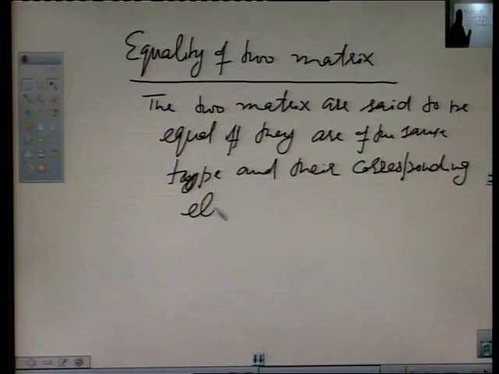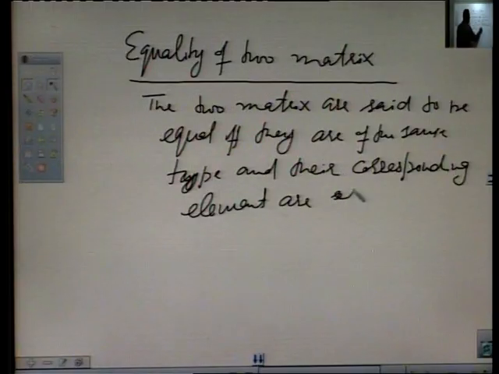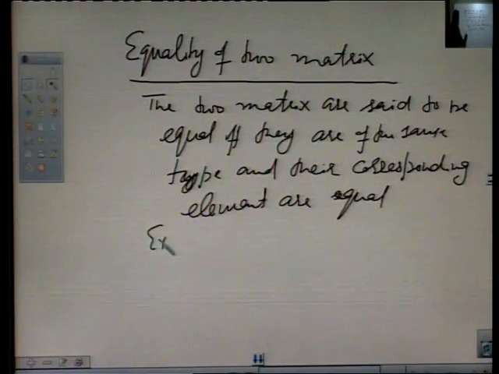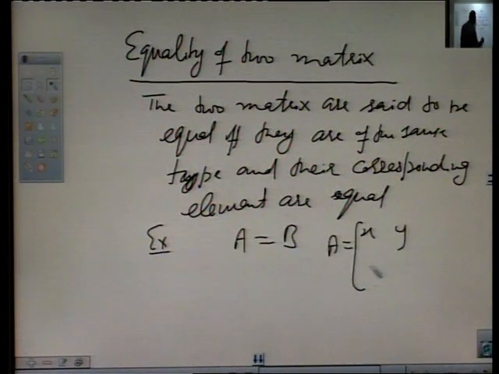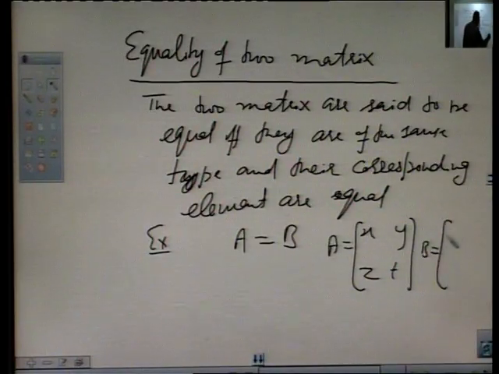For example, let A equal to x, y, z, t and B equal to 1, 2, 4, 9.